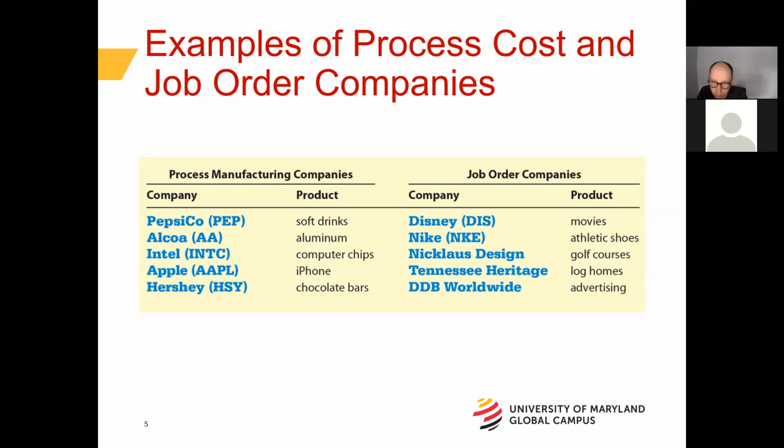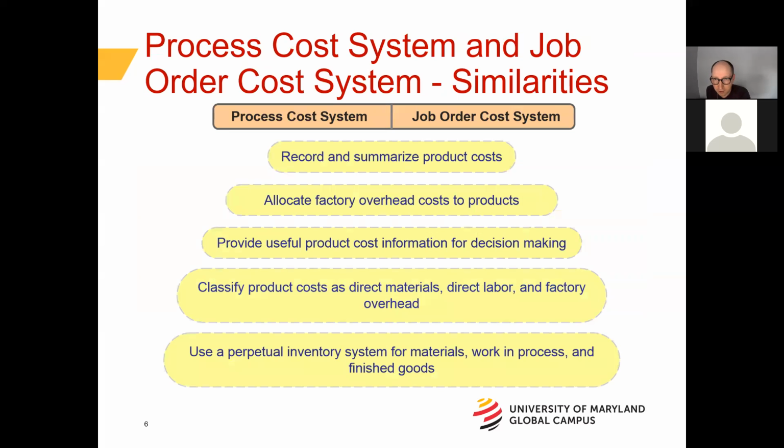They make log homes based off of, you guessed it, customer orders. Advertising firms, those are done based on customer orders. And advertising isn't quite manufacturing. Well, I guess it could be if all they do is billboards. That's technically manufacturing.